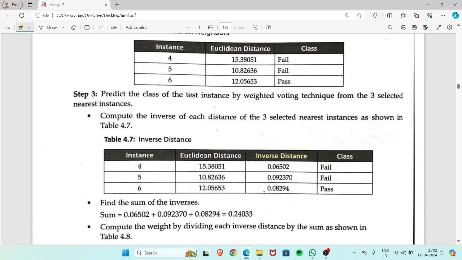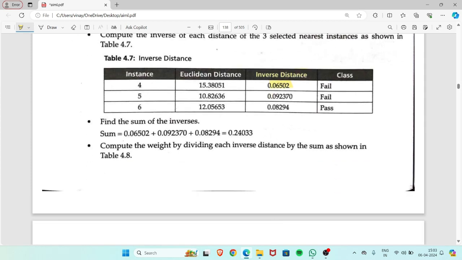Now we have to predict the class. For all these Euclidean distances we have to find the inverse. So 1 by 15 is 0.06502, and 1 by 10.82636 is 0.092370.